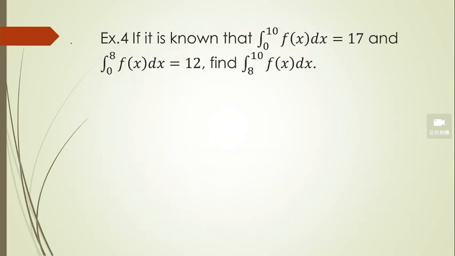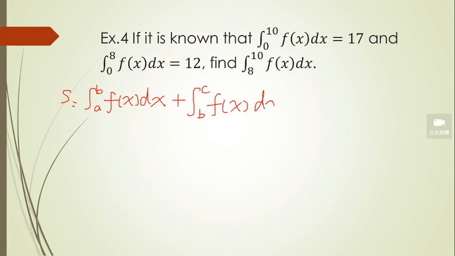It's about the additivity. Let's repeat the formula for additivity. The integral from a to b of f(x) dx plus, and here be careful, the second one, the lower bound should be the same as the upper bound of the first integral, b to c of f(x) dx, equals the integral from a to c of f(x) dx, right?